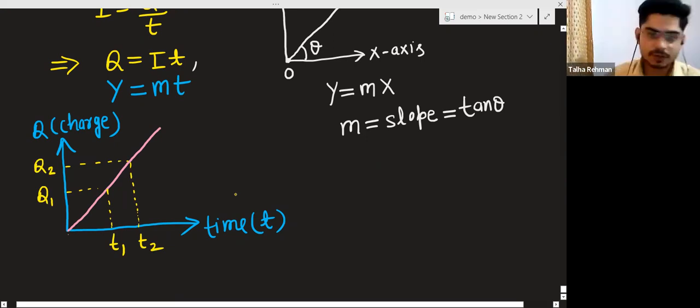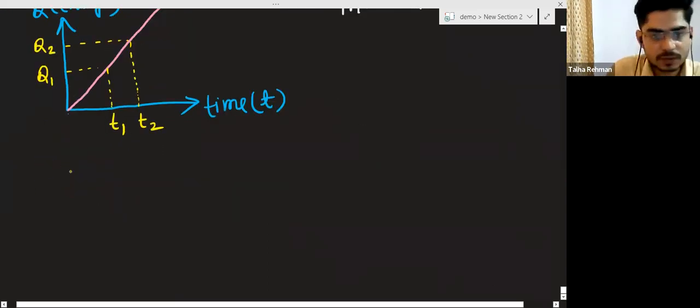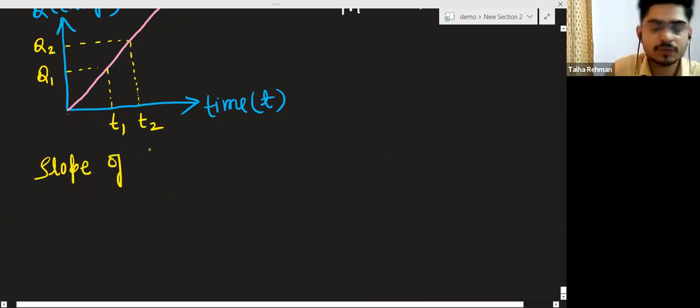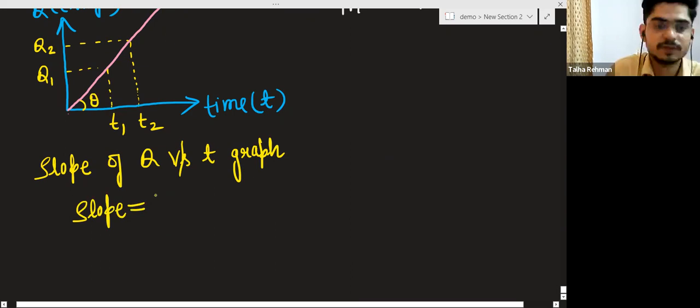If I want to calculate the slope of this Q versus T graph, I can write slope equal to tan theta, if this is making angle theta.